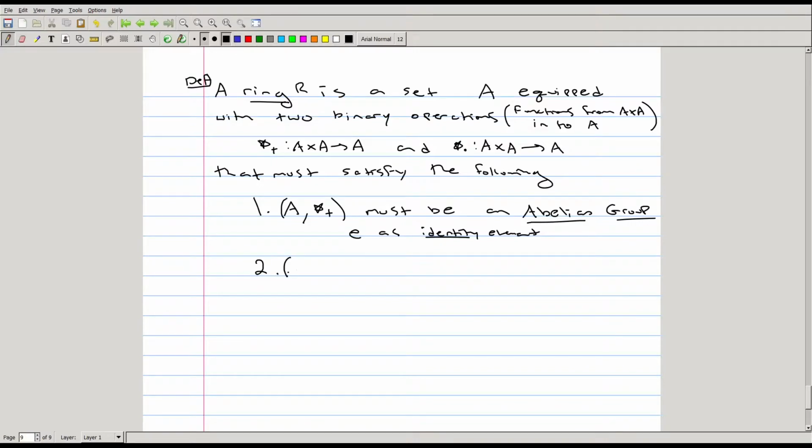The second axiom is that the set A with the binary dot operation, which is analogous to multiplication, is a monoid, or it has to be associative, and there has to exist an identity element with respect to this dot operation, star dot.